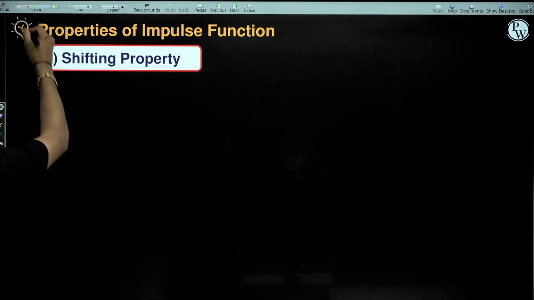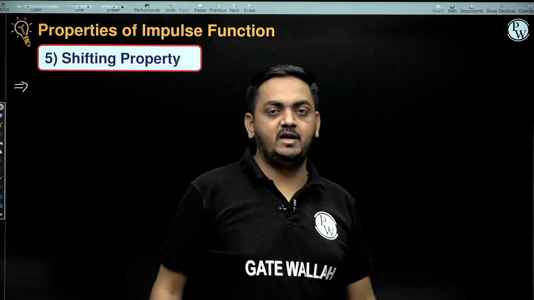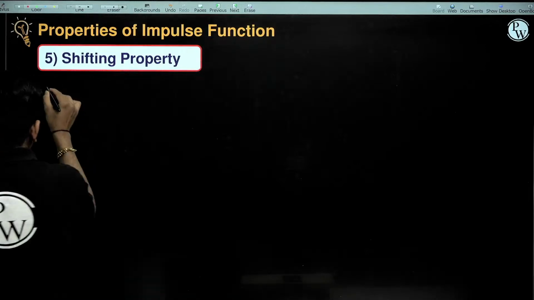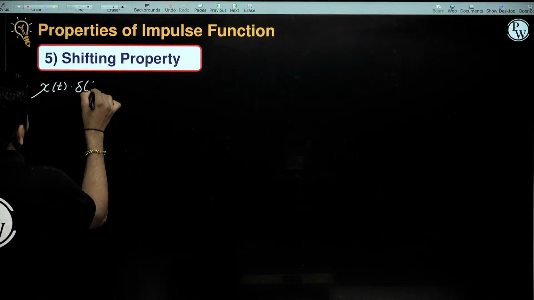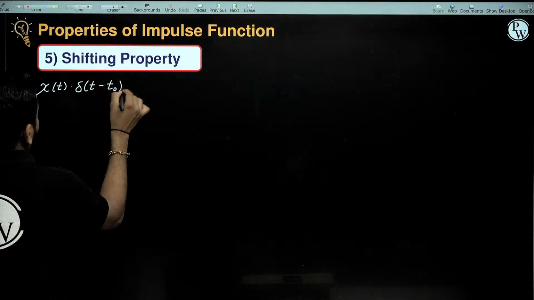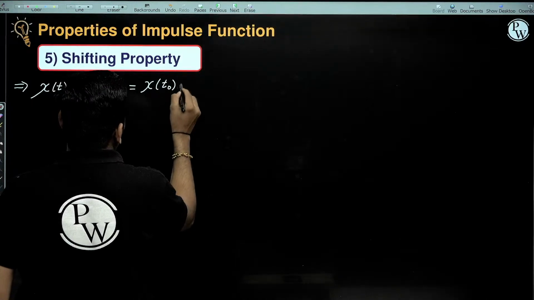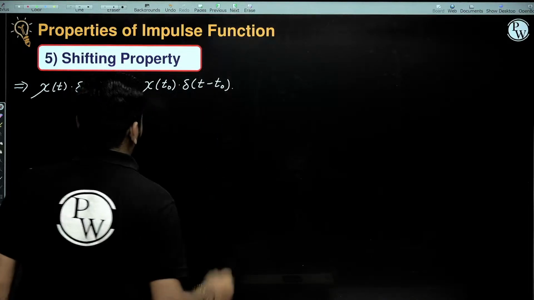This property can also be derived from the product property. The product property is x of t into del t minus t naught, which is equal to x of t naught into del t minus t naught.